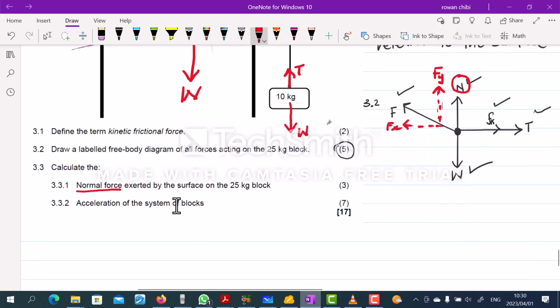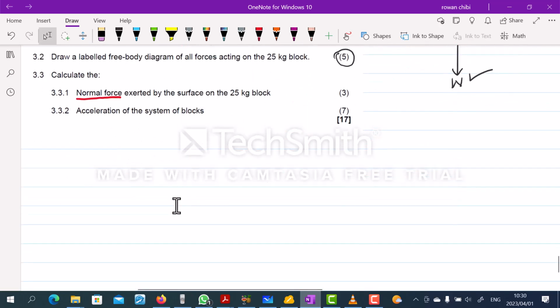We normally know that if an object is on a horizontal surface, the normal force is equal to the weight. But if there is a diagonal force on the object, since this force has a component F of y, we cannot say the normal force is equal to the weight.